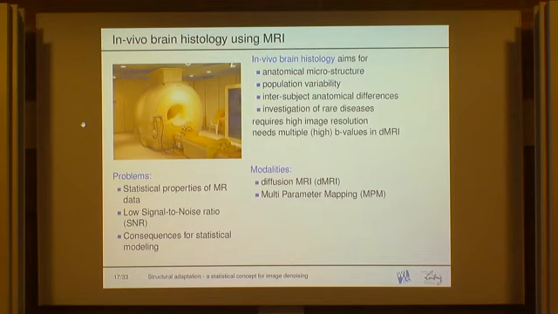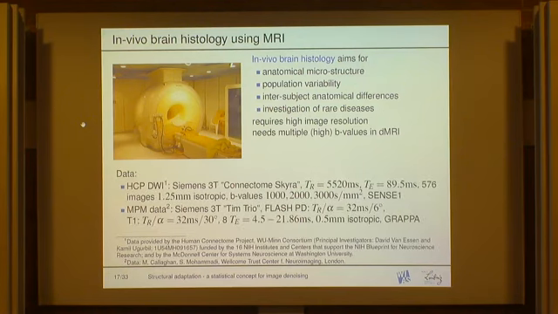Statistical problems that we face are related to statistical properties of MR data. I will explain it in a minute. Extremely low signal-to-noise ratio, and consequences of both these complications for statistical modeling. Modalities that we are currently looking at are diffusion MR and multi-parameter mapping.